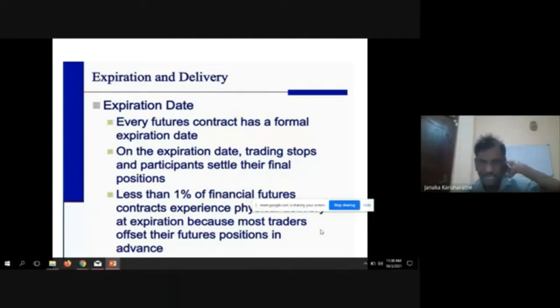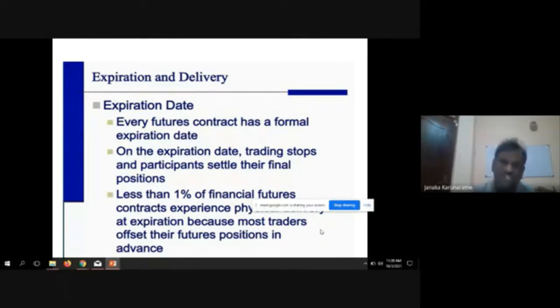Less than 1% of financial futures contracts experience physical delivery at expiration. Most traders offset their futures position in advance. So physical delivery is rather low, less than 1%. Most are settlements between the two parties, and they also offset the position in advance.